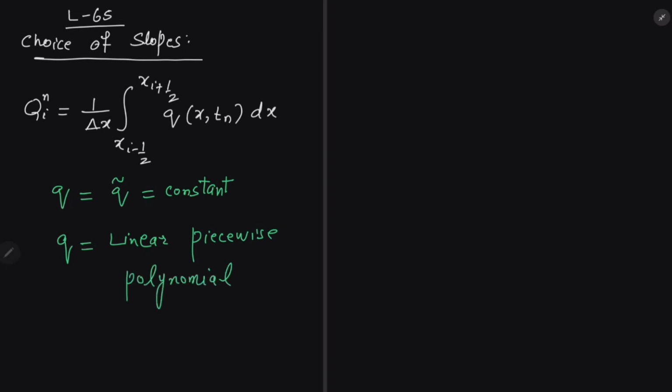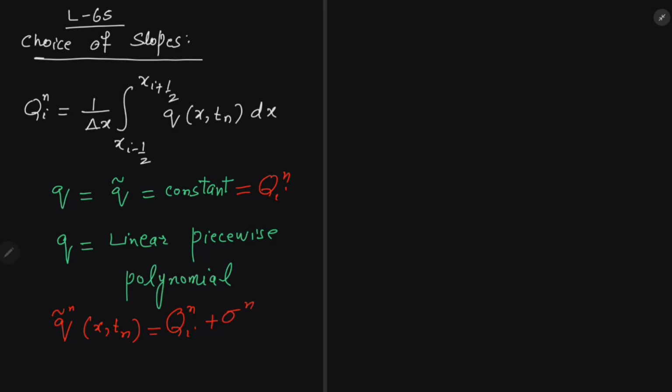So we have an option here. We can replace q tilde(x, t_n) with the value of Q_i^n. He proposed putting only Q_i^n.